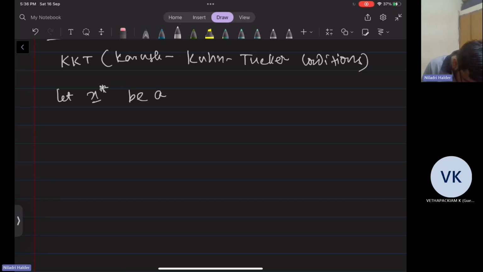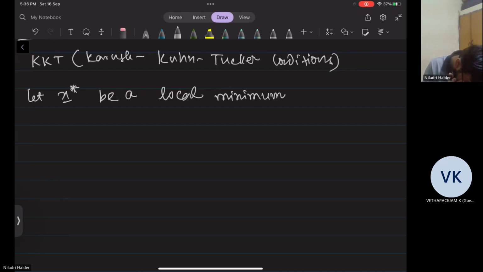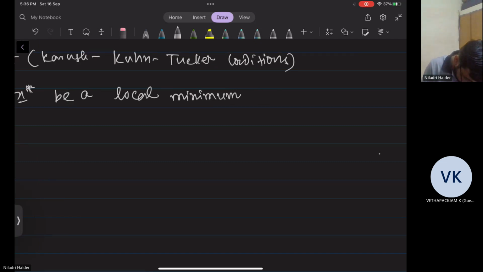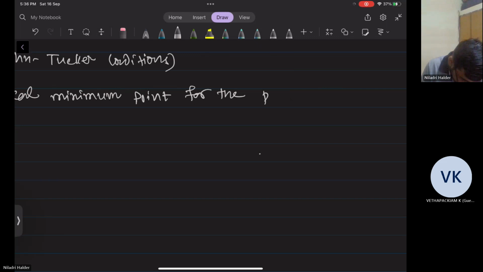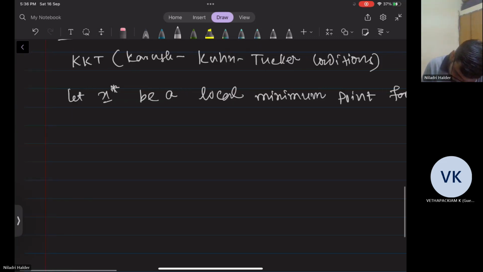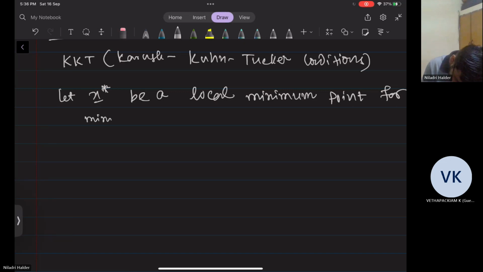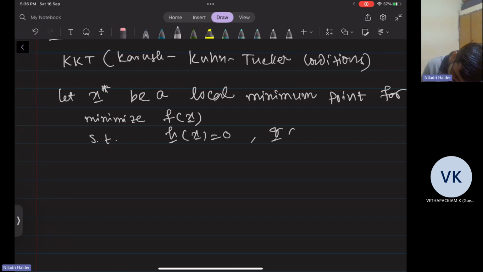So now let x star be a local minimum point for the problem: minimize f of x subject to h of x equal to 0 and g of x less than or equal to 0.